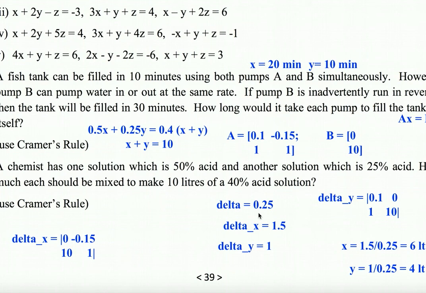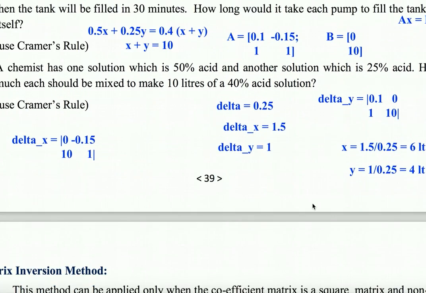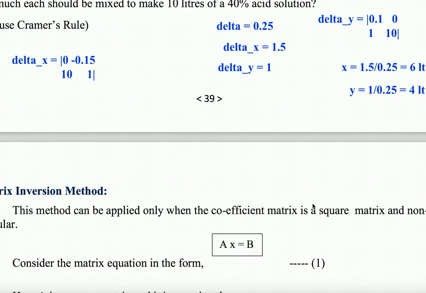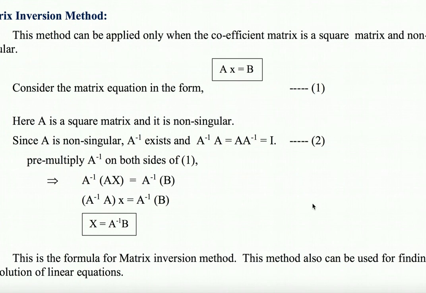So x is delta x by delta, 1.5 by 0.25, 6 liters, y is delta y by delta, 1 by 0.25, 4 liters. Okay, you can cross check whether these equations are satisfied or not. They are satisfied. Just to save time, I wrote it here because the video is getting very long. So we'll stop it here. We'll discuss the matrix inversion method in the next session.